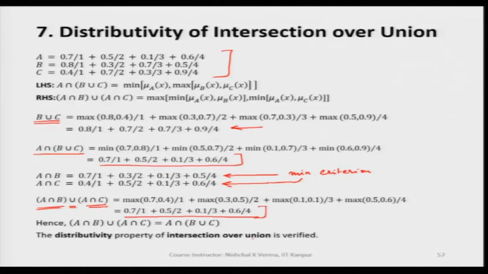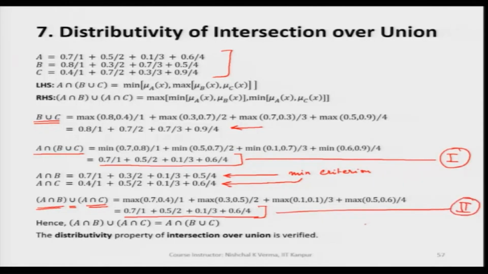When we compare these two outcomes, this was the first outcome and this is the second outcome. We see that the first outcome is equal to the second outcome.